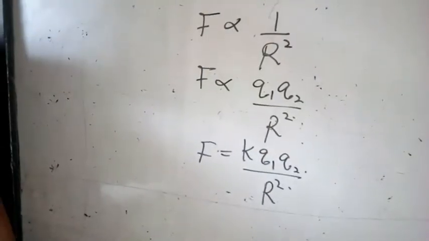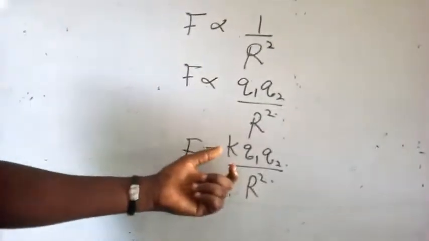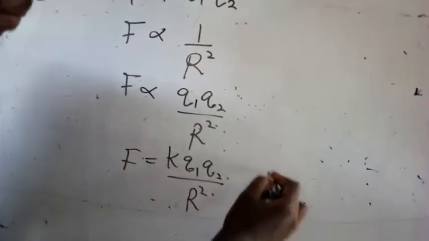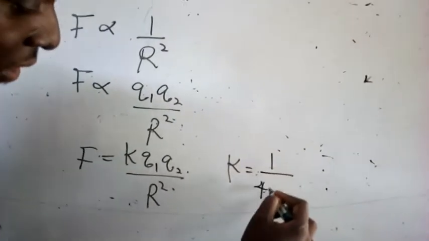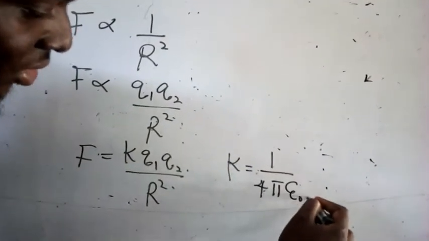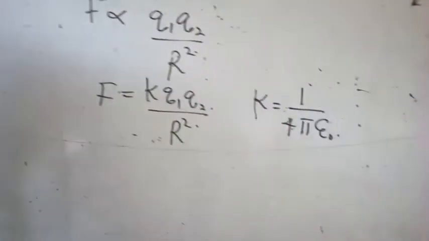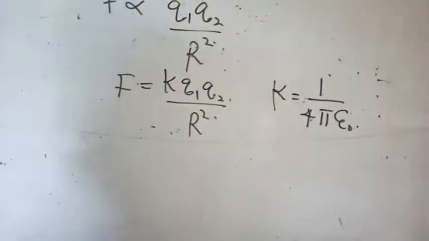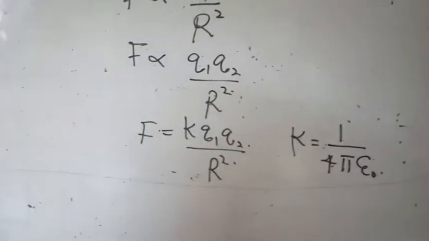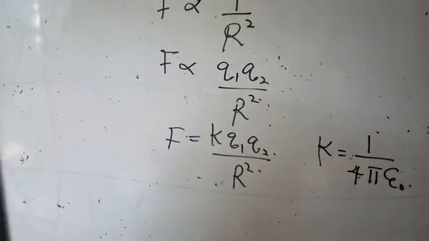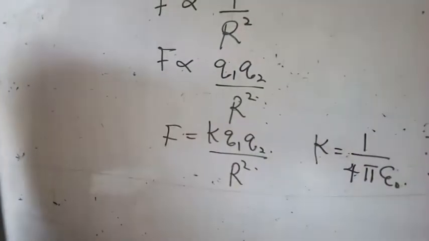Your force constant, and this constant is identified as K equals 1 all over 4 pi epsilon naught. Please note, 1 over 4 pi epsilon naught is a constant.